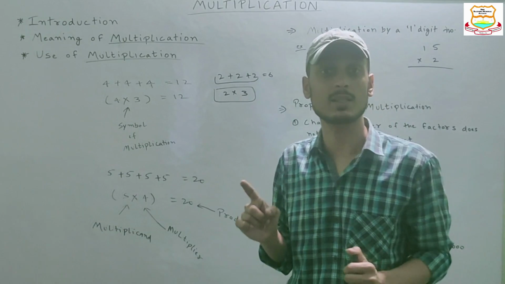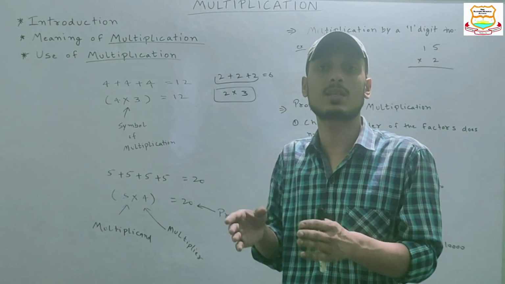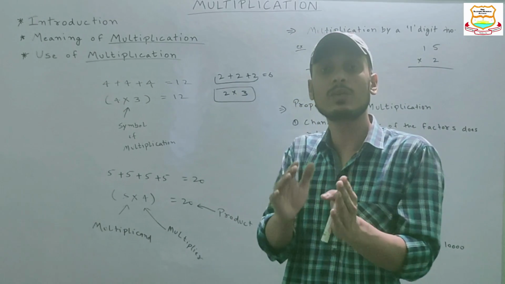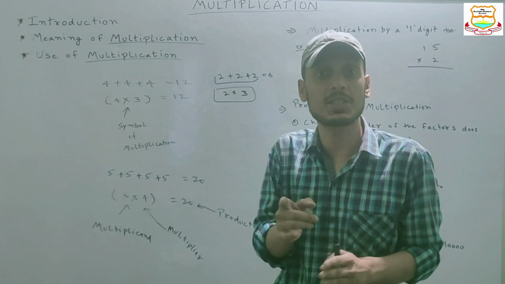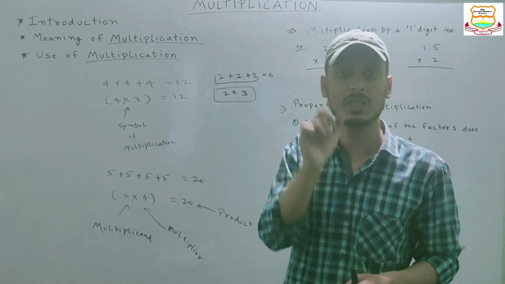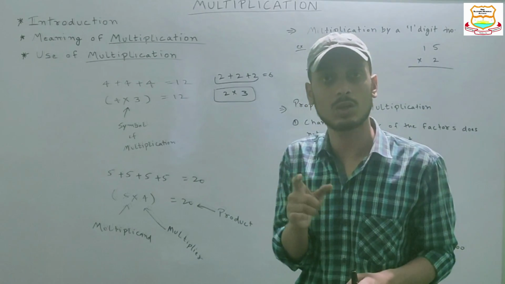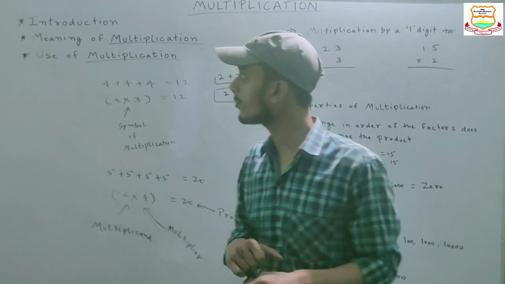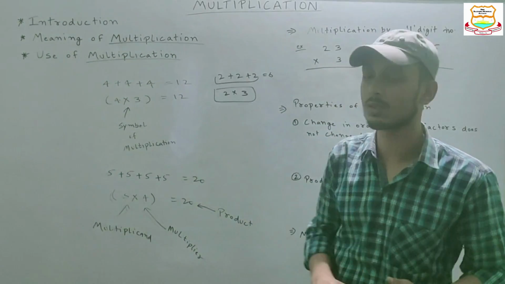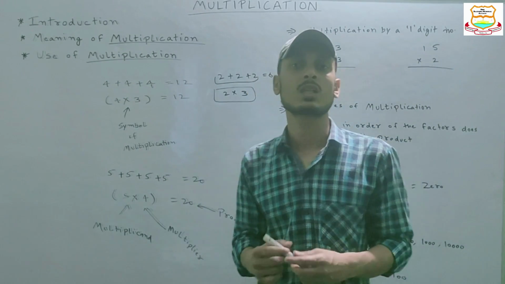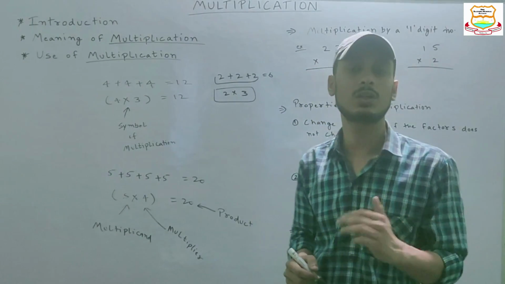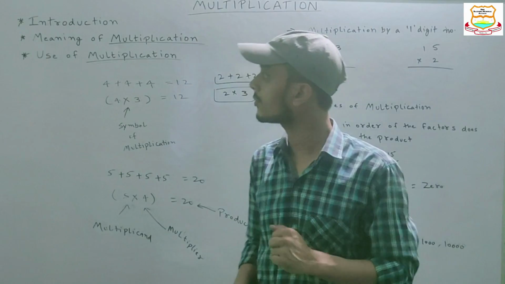When the same number is added again and again, we represent that addition in some other form, and that form and that operation is called multiplication. So I have explained you the meaning of multiplication. Let me repeat it. Multiplication is the repeated addition of a number.